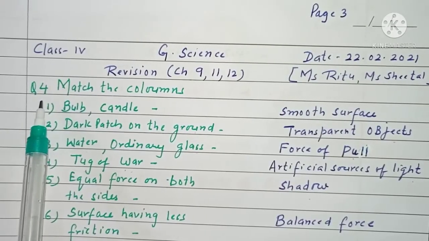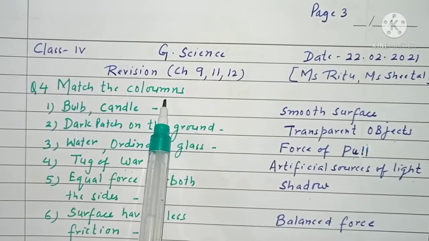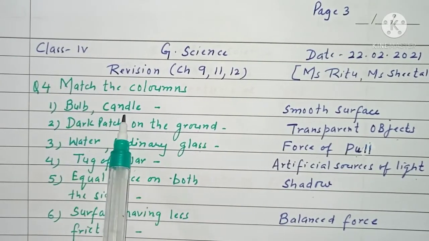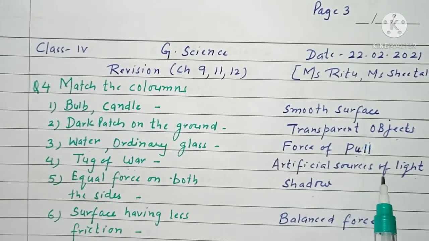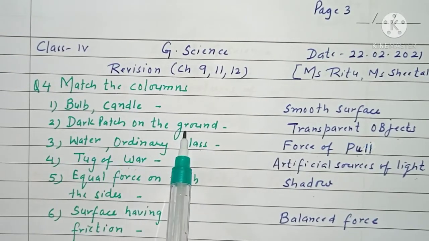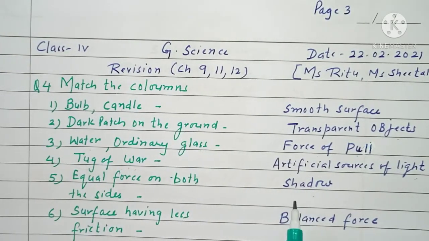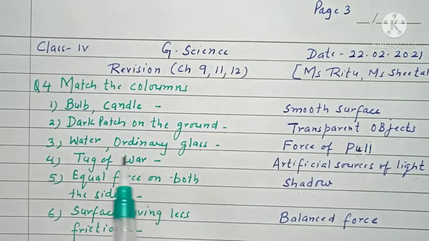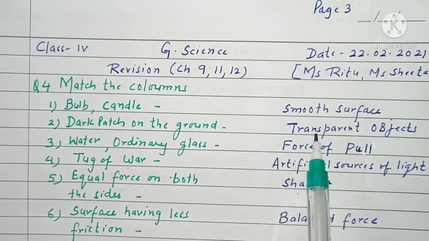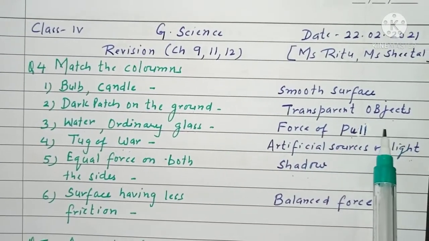Question number 4 is match the columns. The number 1 part, bulb and candle are example of artificial sources of light. A dark patch on the ground which we observe is known as shadow. Water and ordinary glass are example of transparent objects.